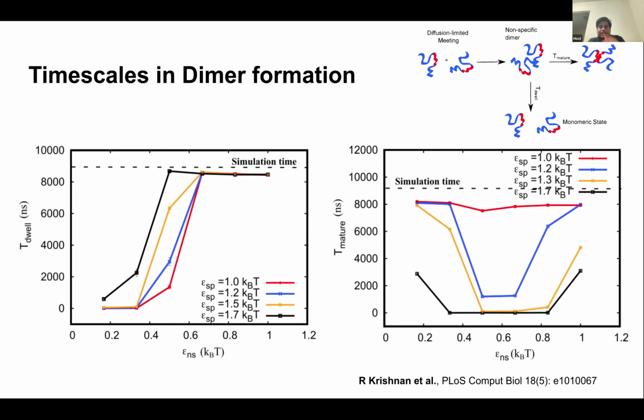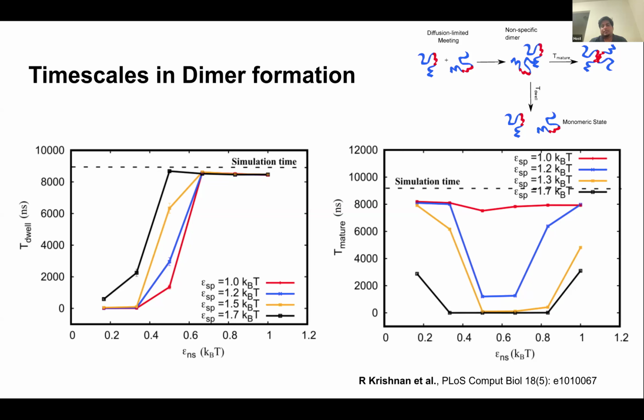That much interaction is required for two proteins to come nearby, dwell, and mature. If there is high non-specific interaction, they'll get stuck. Previously I talked about it: if they come nearby, they'll get stuck and they'll never form. So when the interaction becomes very high, the T mature will never happen. So in that case also T mature is very low.